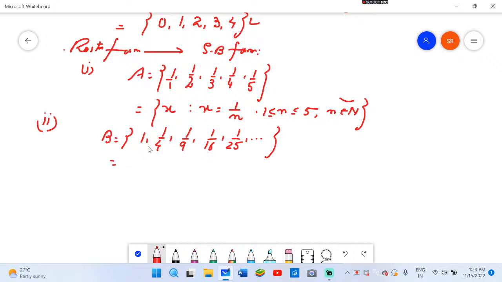We can write this one as 1 by 1, just for understanding: 1 by 1, 1 by 4, 1 by 9, 1 by 16, 1 by 25.